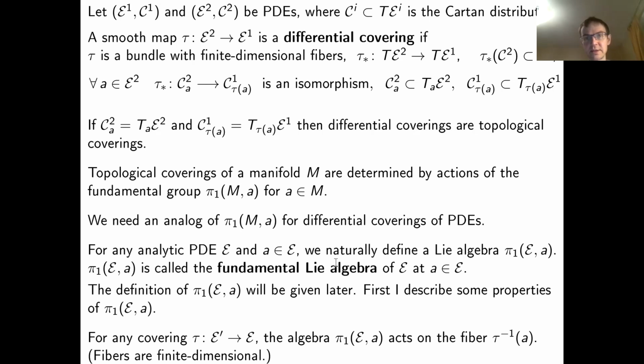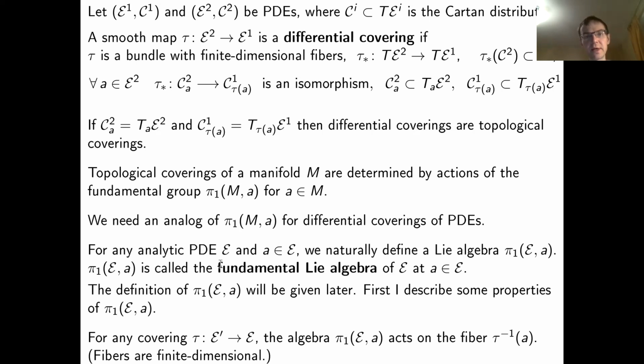And it is possible, as I will show you. The precise definition of the resulting concept I will give later, and first, I would like to describe some properties of it.